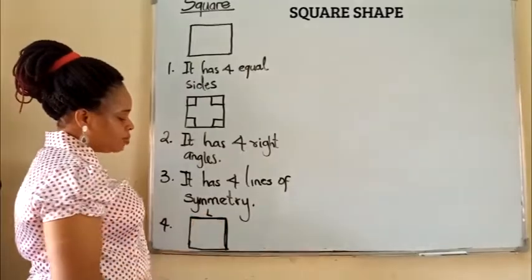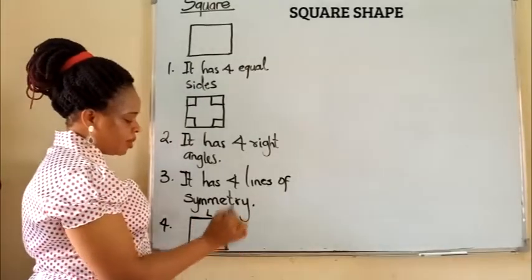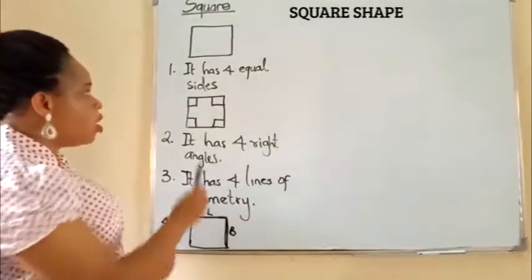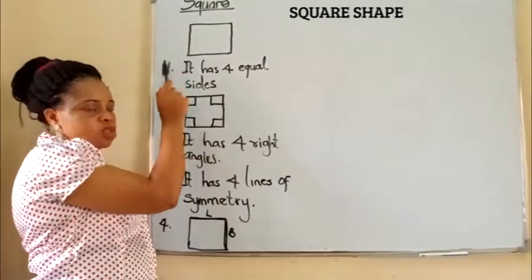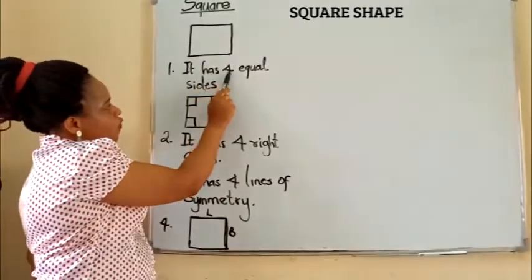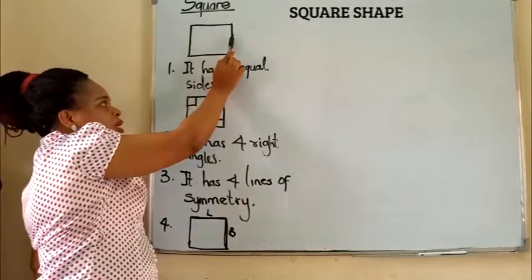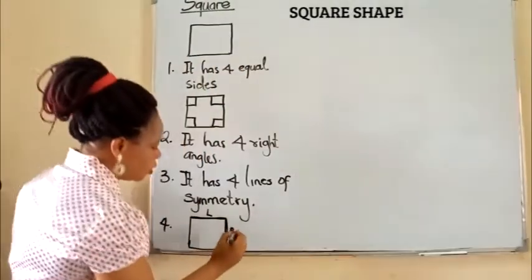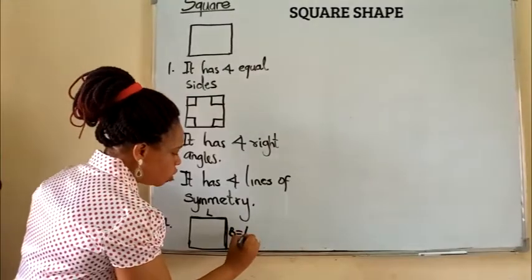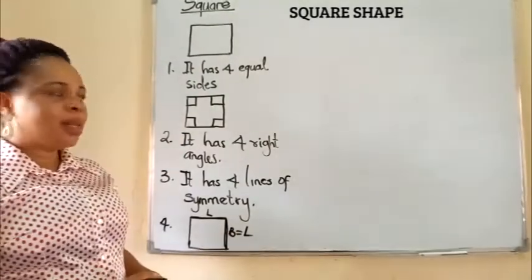So if here is my length and here is my breadth, we go back to what we said in property number 1. It has 4 equal sides. So it means that here the length is equal to the breadth. So the breadth here is also equal to our length.